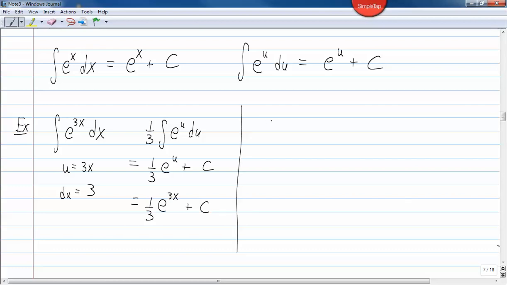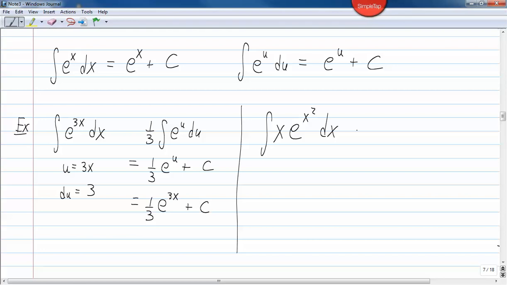Alright. Let's look at another. Let's say I had the integral of x e to the x squared dx. Now, never try to simply integrate each term in a row. You can't do that. You have to look for a u and a du or a way to manipulate and do algebra.